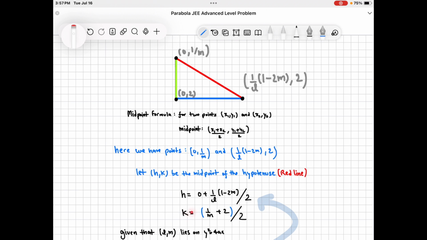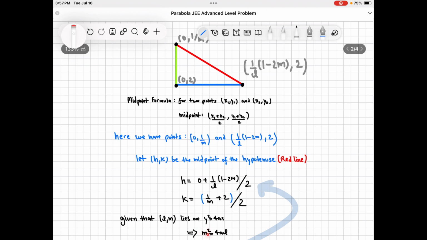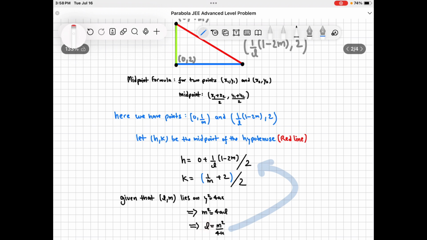If we look at k, it's mostly in terms of m, and h is in terms of m but also L. So we're going to make it simpler by writing everything in terms of m. Here we write m squared equals 4L. We put this value in the parabola, get the value of L in terms of m, and then put this back in the equation to make it mostly in terms of m, just like the other point.